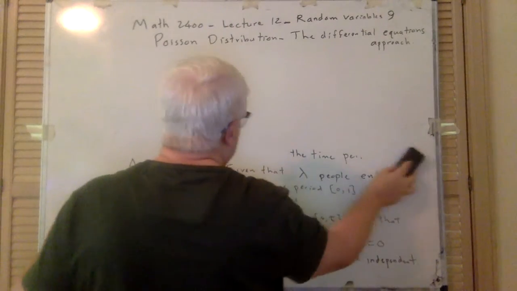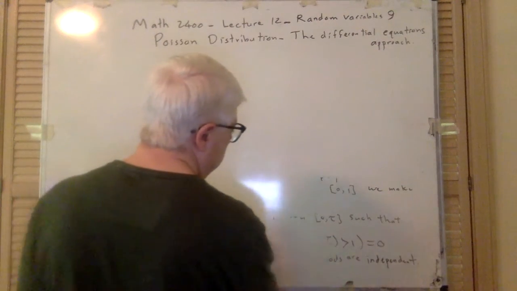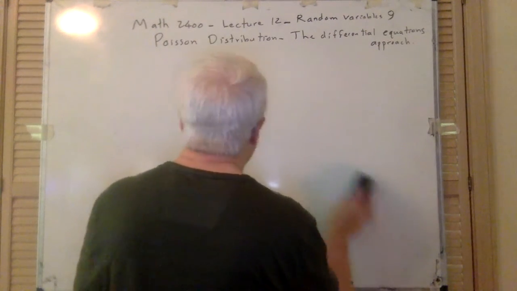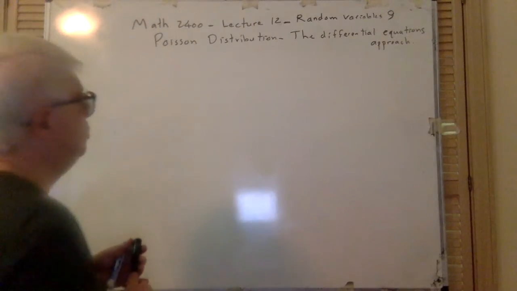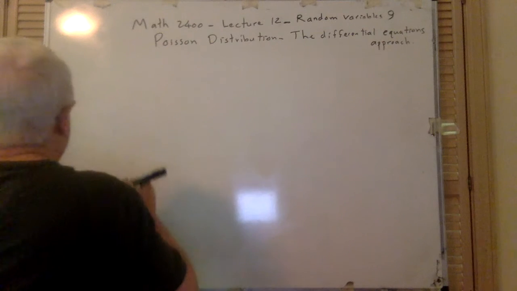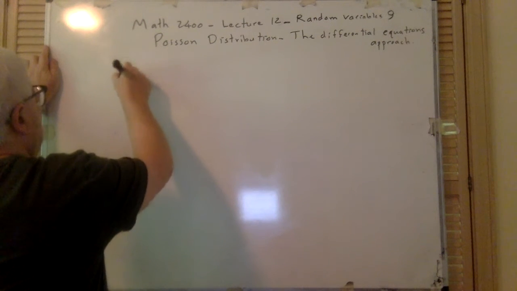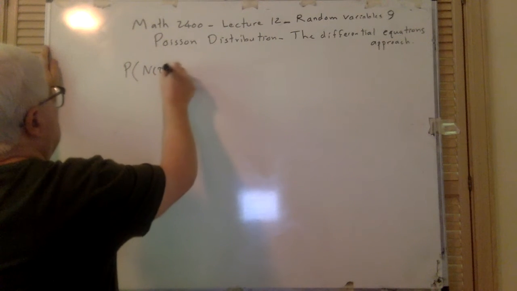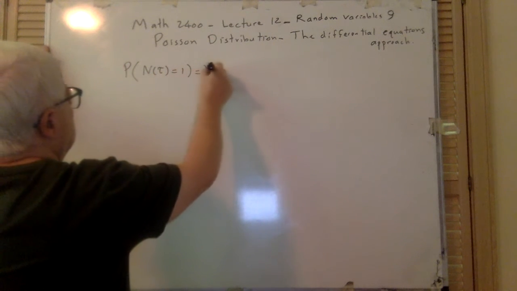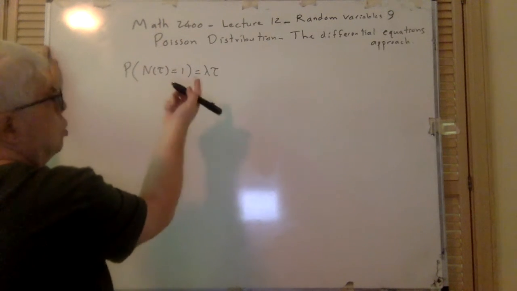So let me erase this. So we have P(N(tau) = 1) is lambda tau. So we only have 0 or 1.